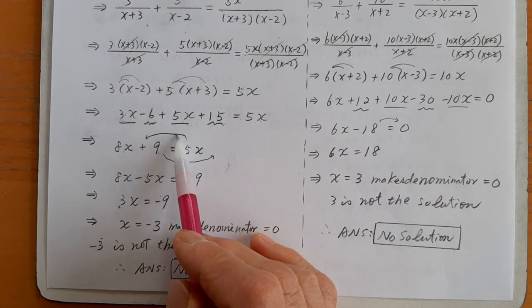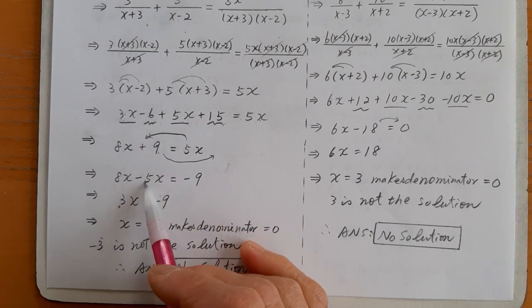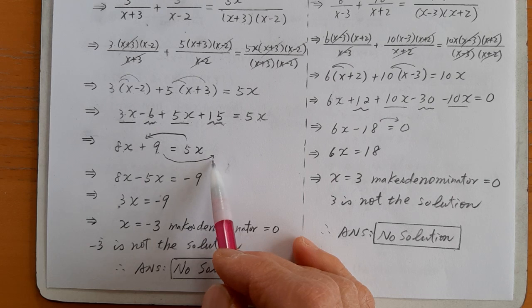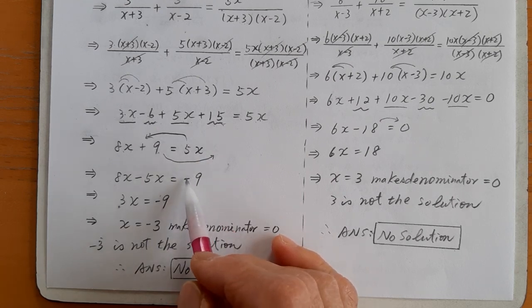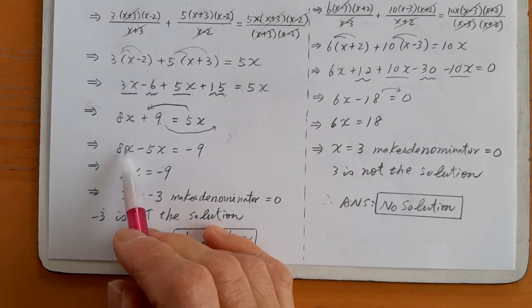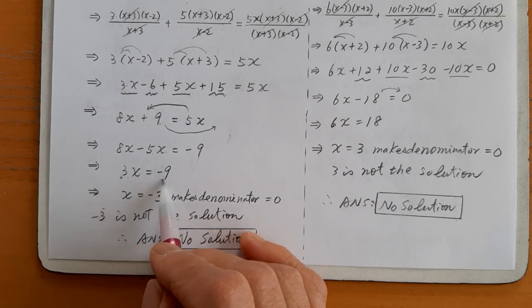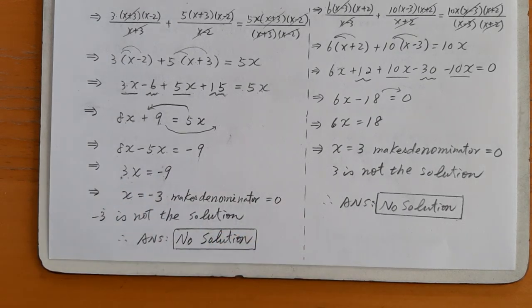Then you move the 5x over, change the sign, getting 8x minus 5x, and move the 9 over, changing to minus 9. That's a quick way. Combine like terms: 8x minus 5x, 3x equals negative 9. Divide by 3, x equals negative 3.